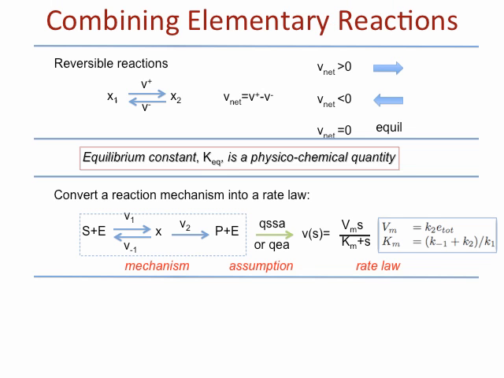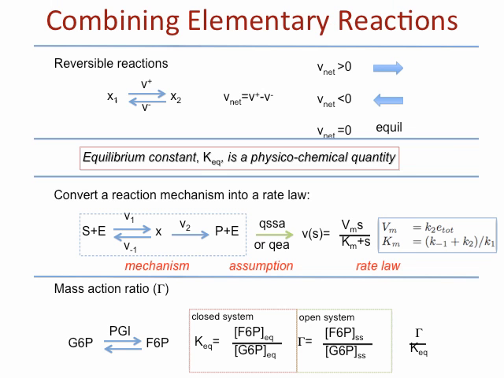We will detail how this is done later, but I just wanted to show this to you now so that you know that the Michaelis-Menten rate law is actually a representation of many different elementary reactions under certain assumptions. The final quantity I want to introduce you to here is the mass action ratio, often designated by an uppercase gamma.